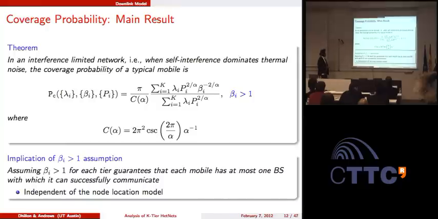We have an assumption that your target SIRs are greater than 0 dB. Of course, it won't include some of the cell edge users, because LTE, I think, defines its coding and modulation schemes down to -6 dB.